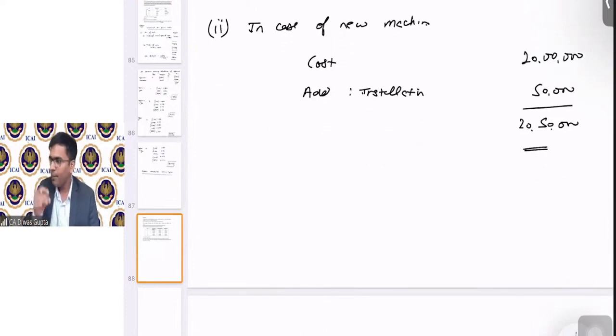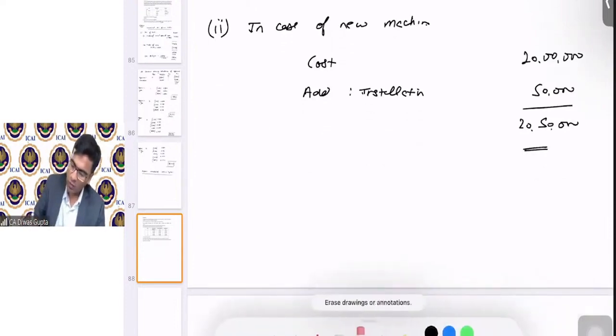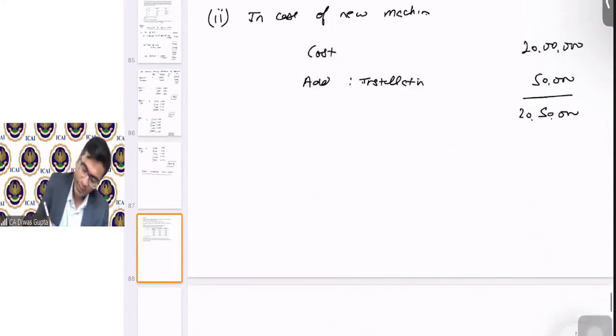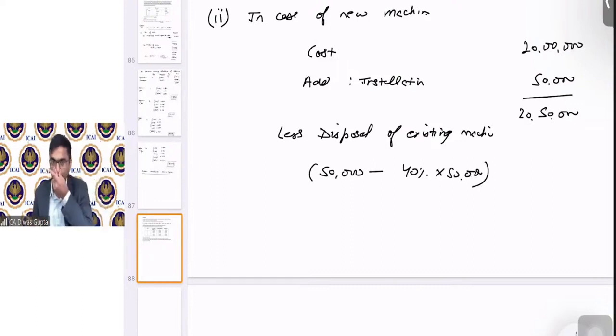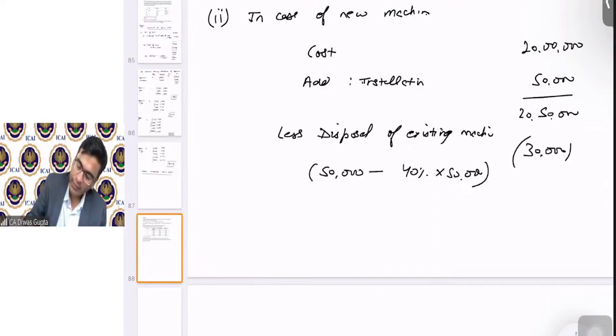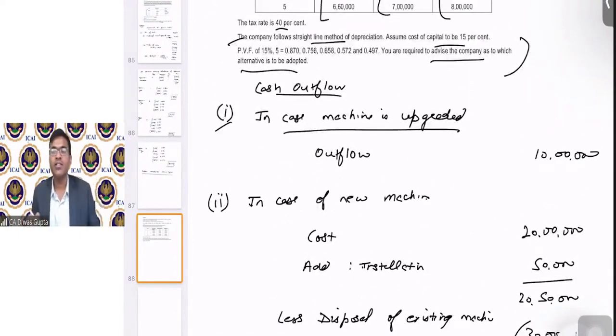Okay. Plus, one more thing which will happen is we will also sell off the existing machinery, less disposal of existing machine, which will give us how much? 50,000. But there will be a tax on that 50,000 at the rate of 40%, because WDV is 0. Correct, students? So it will give us 30,000. So the net amount will be 20 lakh 20,000. Why is this 30,000 not appearing in the first case? Because in the first case, we are continuing with the first machine. Okay.